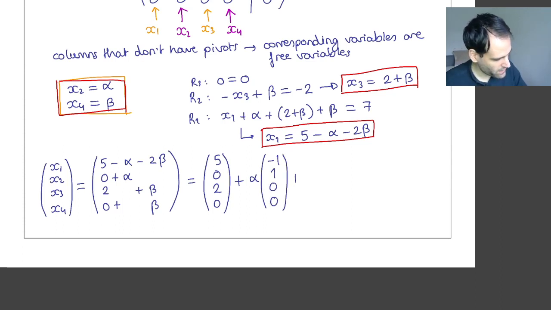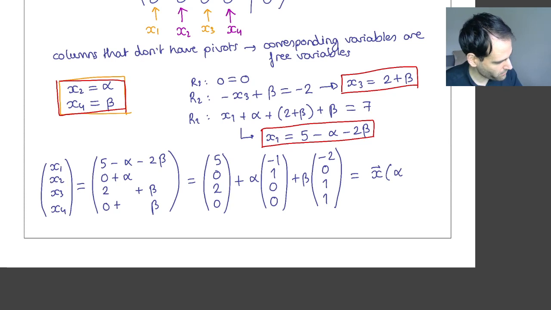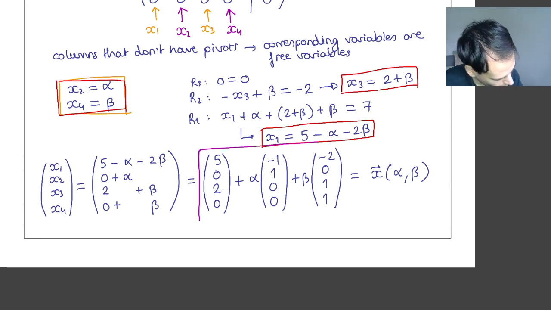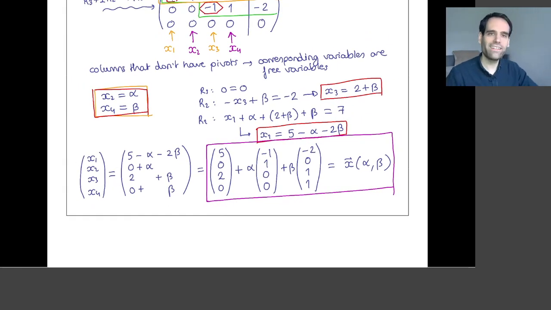And then plus beta times all the terms that multiply beta, which will be minus 2, 0, 1, and 1. And this is equal to our x solution, which has two free parameters, or two sliders, alpha and beta. This is a beautiful way of writing the solution to this system. Why is it beautiful? Because it is the equation of a plane in 4-dimensional space.